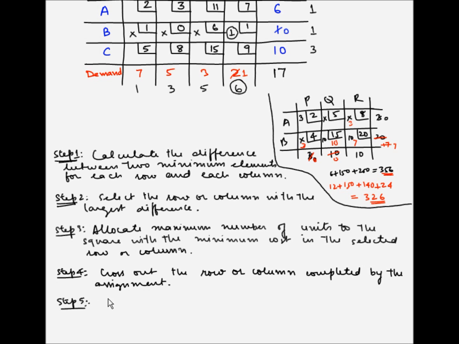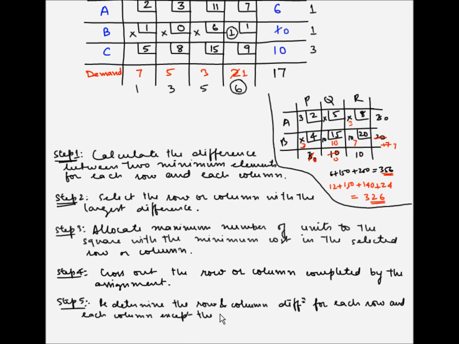Now step number 5 says redetermine the row and column difference for each row and each column except the filled squares and crossed out squares.